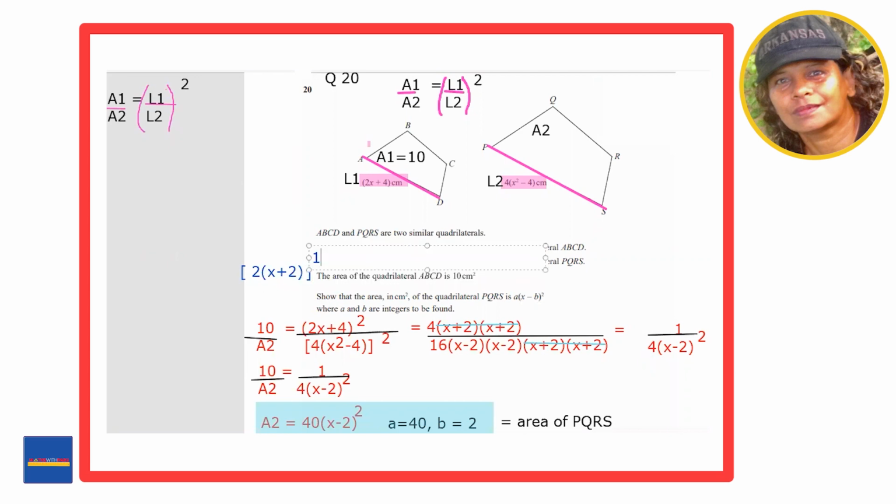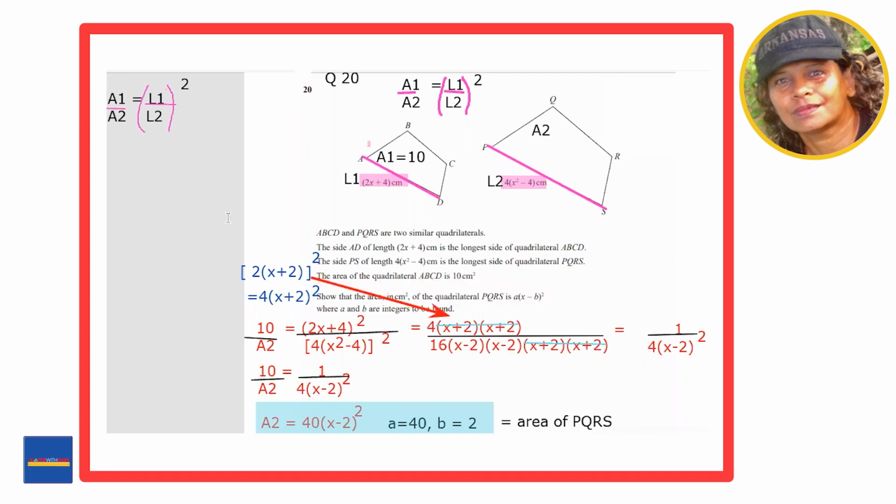When I square it, the 2 also is squared, and that is how I get the 4 here. Then I write x plus 2 squared as x plus 2 into x plus 2. So I can write this as 4 into x plus 2 squared.